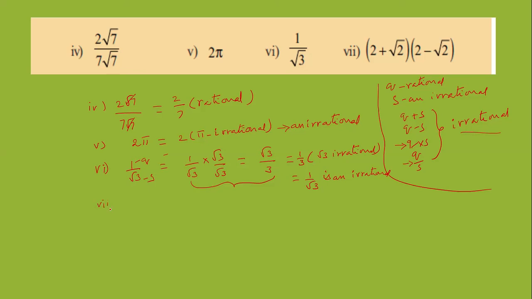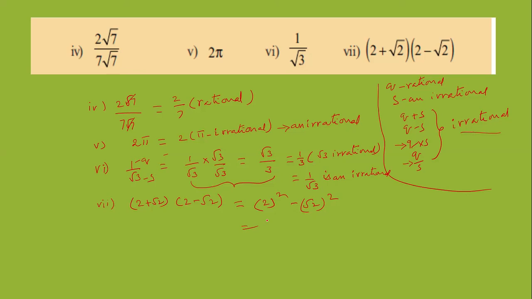Now seventh one, you may do this: 2 plus root 2 into 2 minus root 2. These two look like a plus b into a minus b. That means already you know it, a square minus b square.